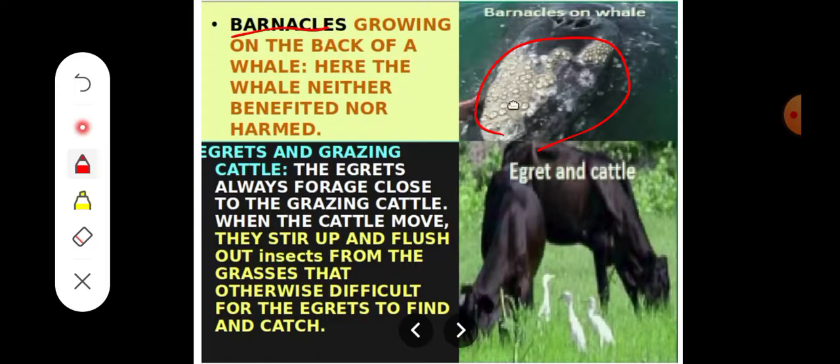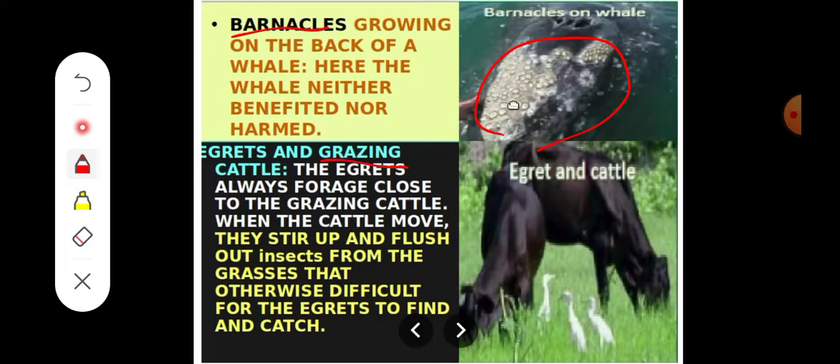Okay. Now, other than this, egrets and grazing cattle, right? We call them cattle egrets and grazing cattle. They are in close association. And why are they in close association? You would have seen that whenever a grazing cattle is eating grass, these cattle egrets will be seen sitting either on their back or near them.